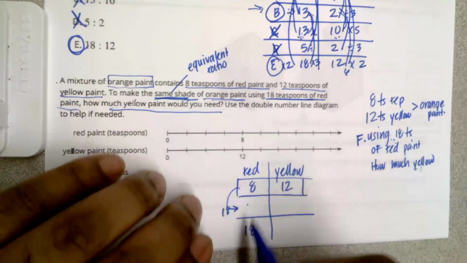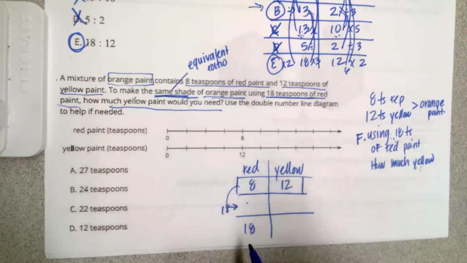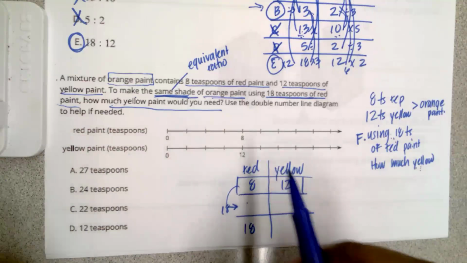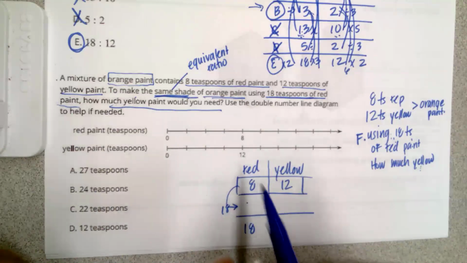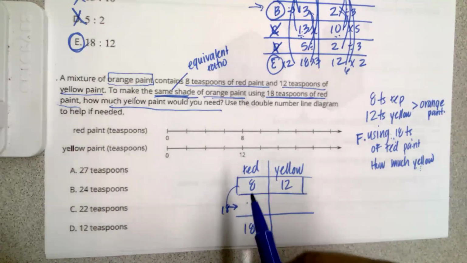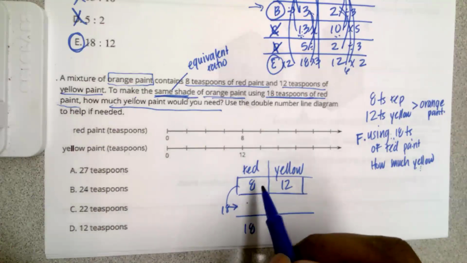Now, what is a number that can be multiplied into both 8 and 18? Is it 1? Yes. Is it 2? 2 is a very even number, so you can use 2. You can't use 3 or 4 because 4 goes into 8, but not 18, right? 3 goes into 18, but not 8, right?